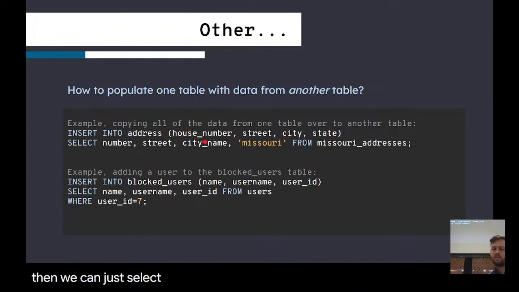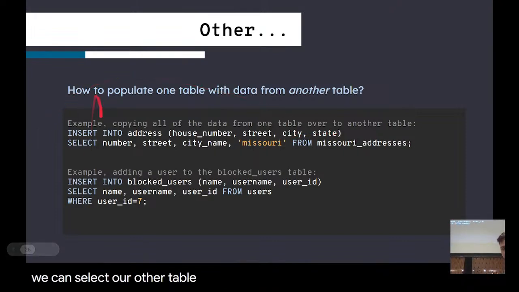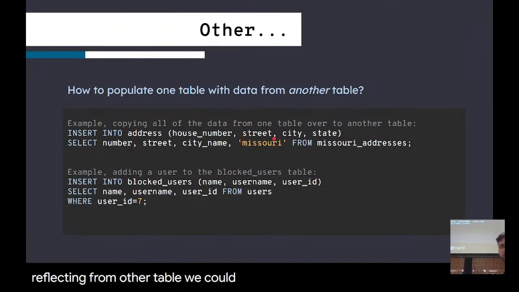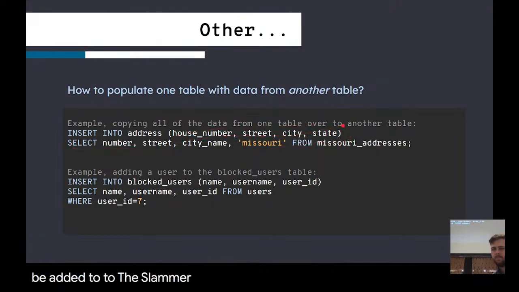And then we can select, for example, the columns we're adding the data to. And then we can select our other table. And we can essentially say what columns we're selecting from our other table. We could hard code some of the data if we needed to. We could do it for multiple tables. And then essentially everything from this line is going to be added to this line right here.